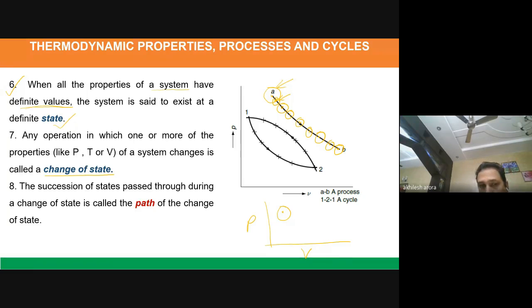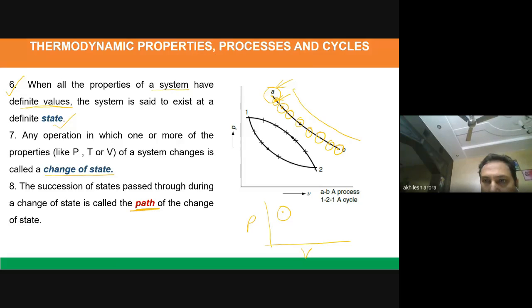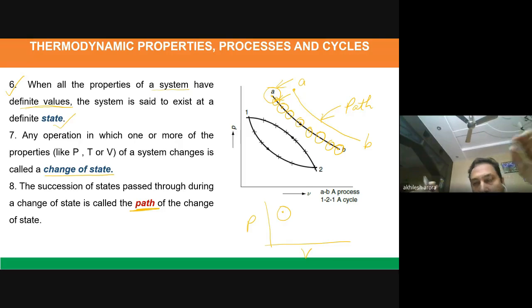And you know which path it is following. Path is also very simple. If you are joining all the state points of the system, then you will get a particular path. For example, in this particular case, when we are going from A to B, this is the path of the system, and on this path there are infinite states, and when we join these infinite states, I get the path.